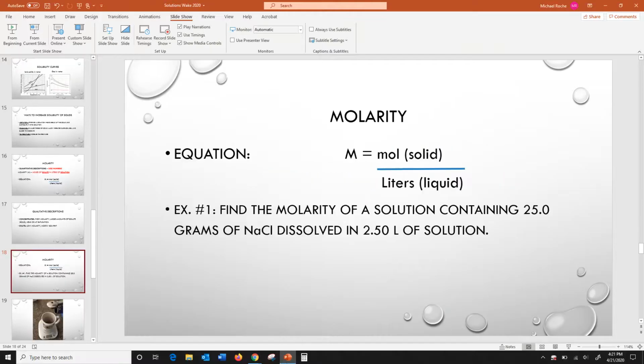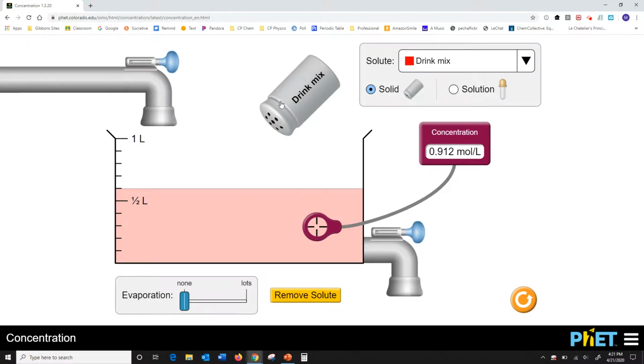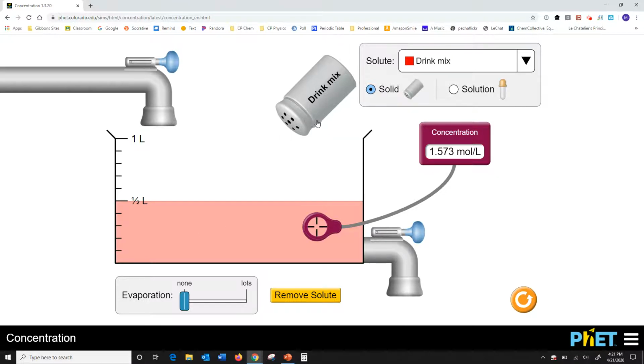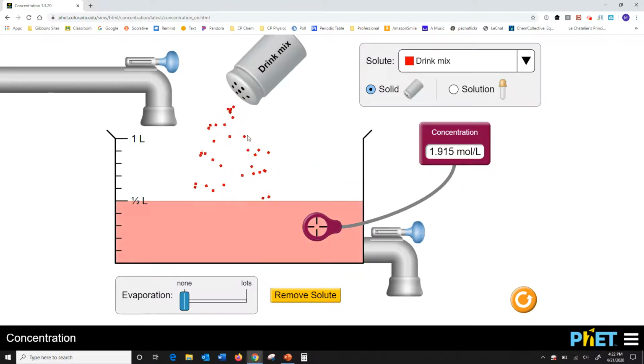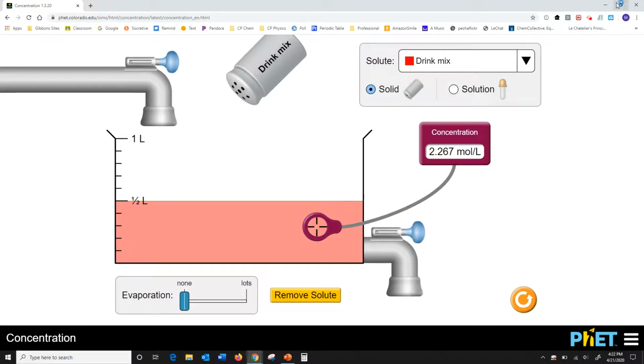Moles per liter is how much stuff you put in there per liquid. So if I lower this down to here, our liters would be 0.5 liters, and then the molarity would be how many moles of drink mix or whatever it is you're using there are in there.